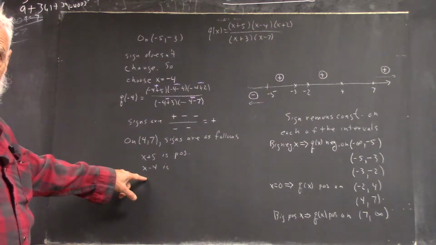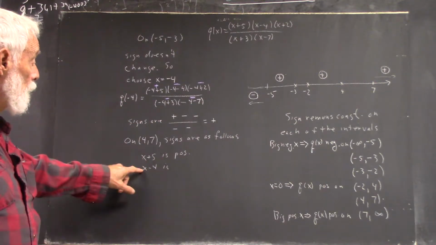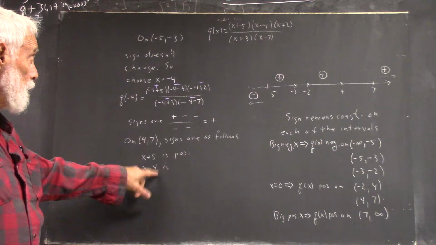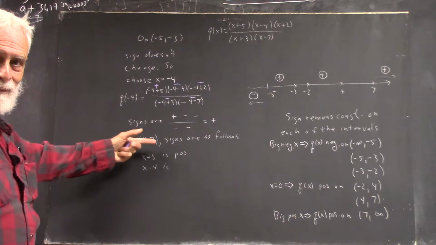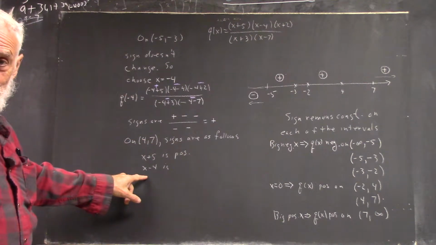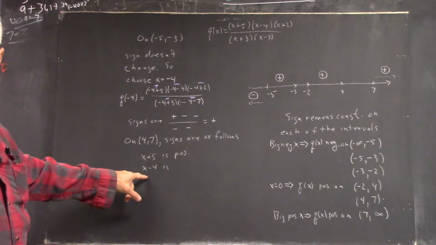Give you a hint, it's 0. Right? You think X is 4, 4 minus 4 is 0. Okay? Now, if X gets a little bigger, because if you go in between 4 and 7, if you get just a little bigger than 4, what's going to happen? It's positive. It's going to be positive, right?